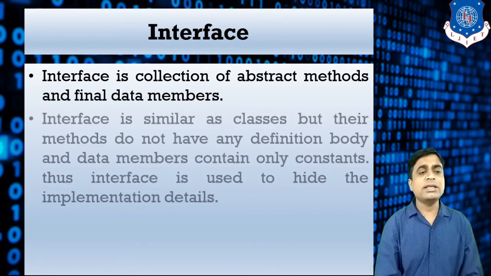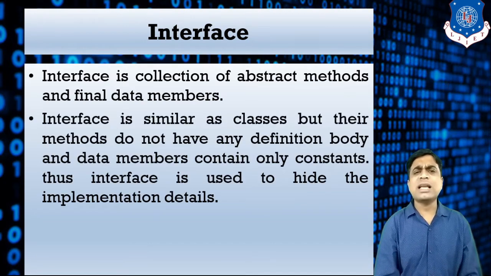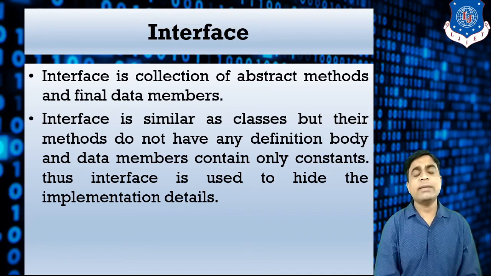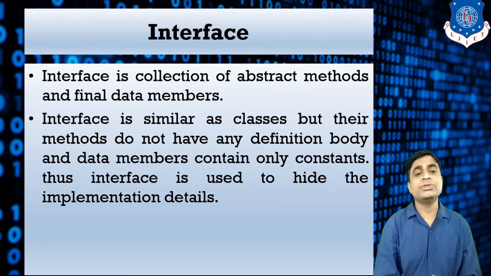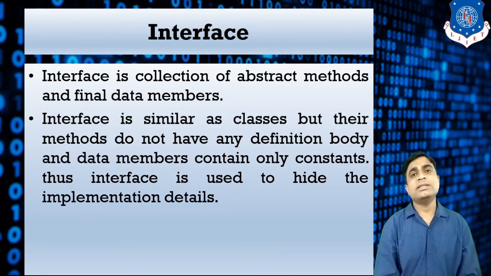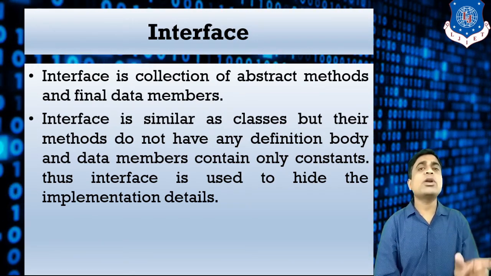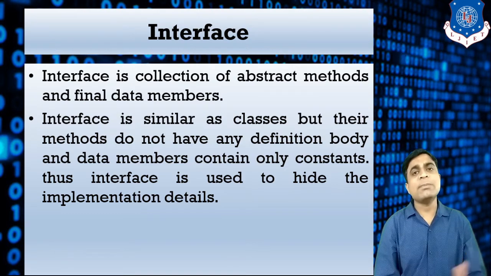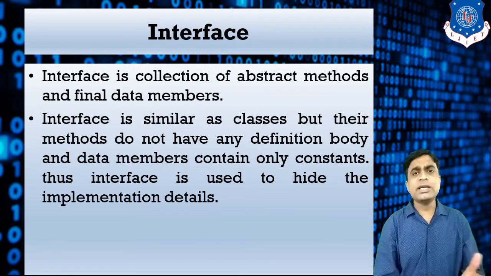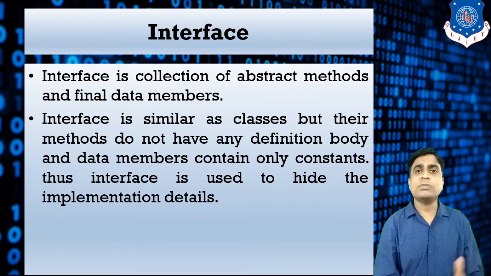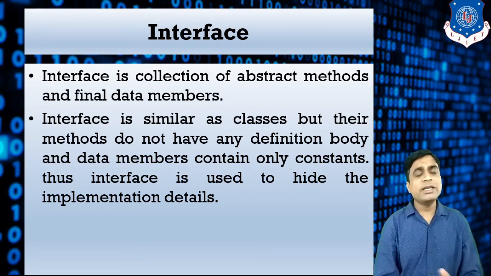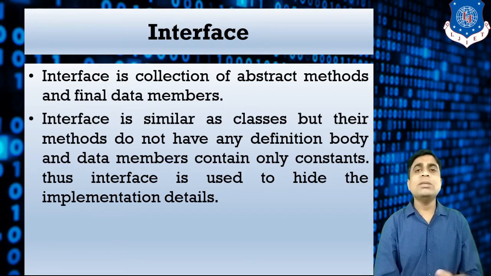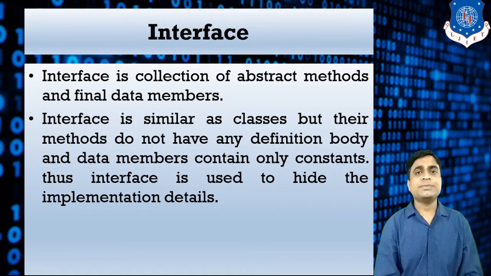An interface is similar to a class, but its methods do not have any definition body, and data members contain only constants. Interfaces are used to hide the implementation detail, and this is called pure abstraction. An interface is the example of pure abstraction. An abstract class is not an example of pure abstraction, because there is some implementation of non-abstract methods, but in an interface all the methods are by default abstract.